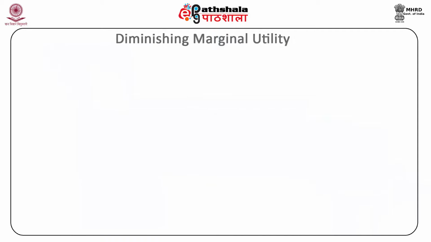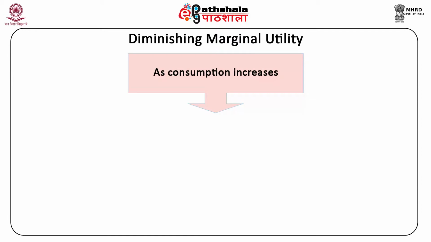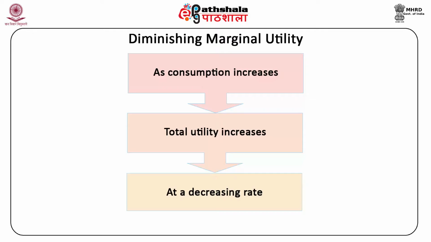Diminishing marginal utility. We see the marginal utility is derived from total utility. As consumption of X increases, total utility increases, but at a decreasing rate. That is, the addition to utility is reducing as we consume additional units of X, and hence marginal utility declines as consumption of X increases.